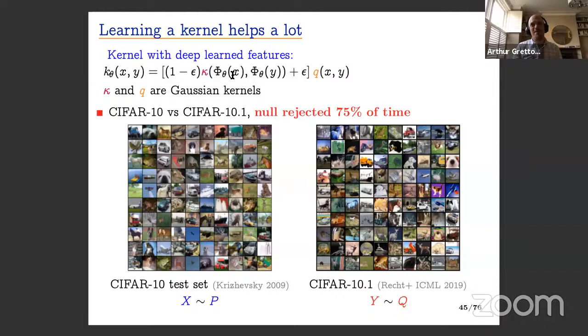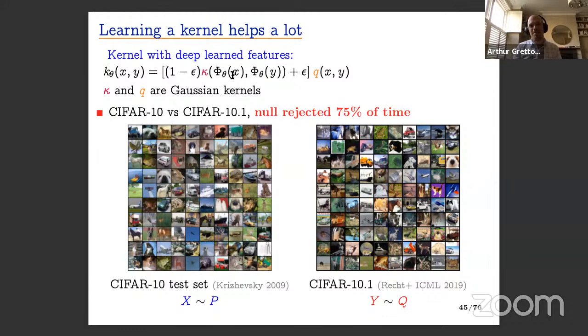But what's important is that using this family of kernels and optimizing by maximizing test power, we get a good kernel for the problem of telling apart these distributions of images, in the sense that it has good power when P and Q are different distributions, while having the right false positive rate.